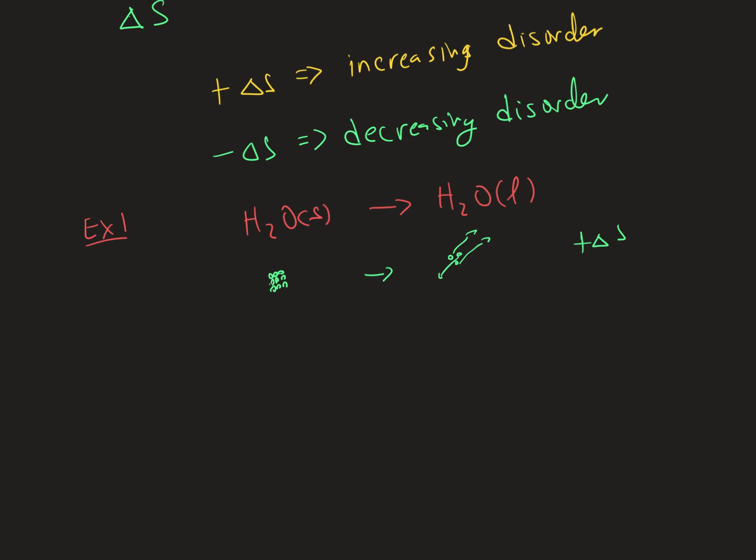Okay, example 2. If we have C8H18 plus O2 gives us CO2 and H2O. So this is burning gasoline. Can we tell if that's increasing disorder or decreasing disorder? How?